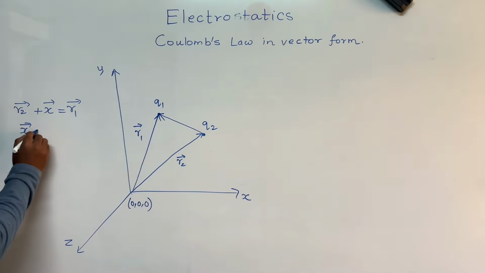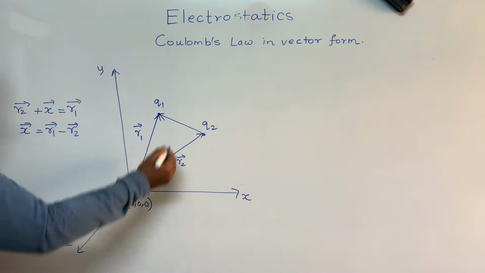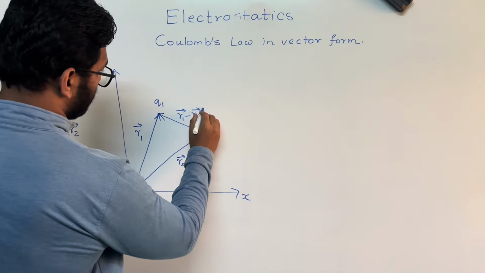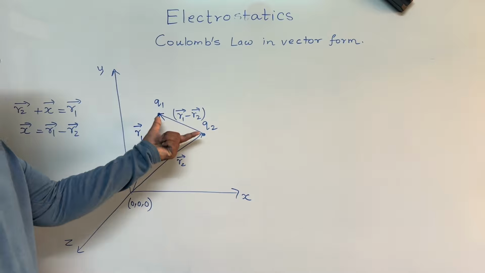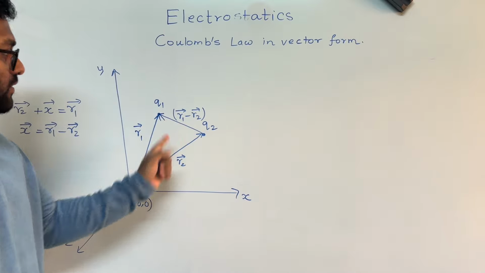So X bar is equal to R1 bar minus R2 bar. This is the vector, and the magnitude of this vector is this length.